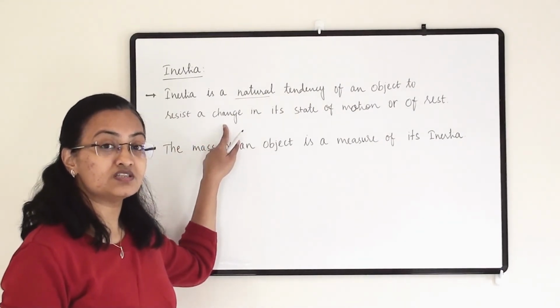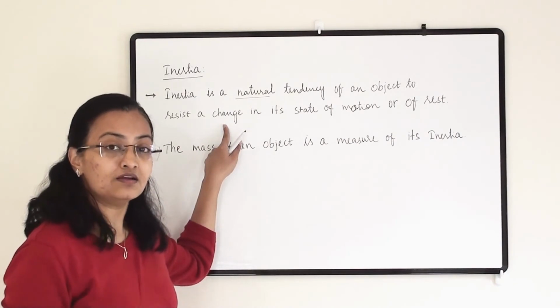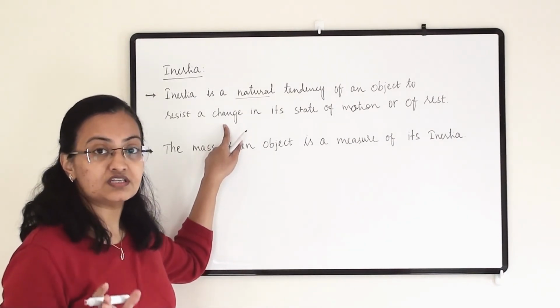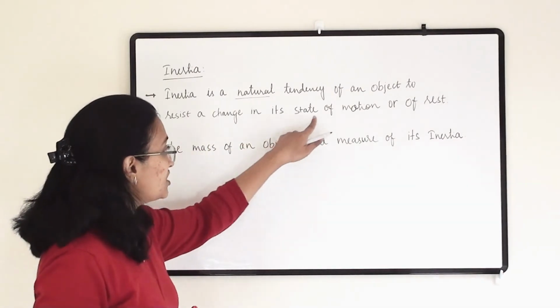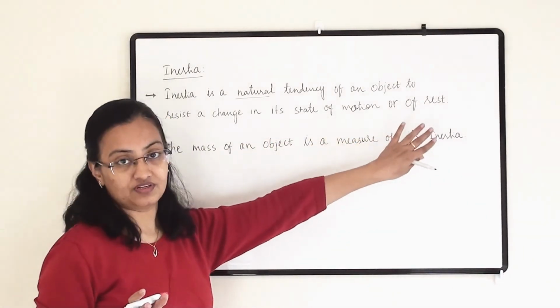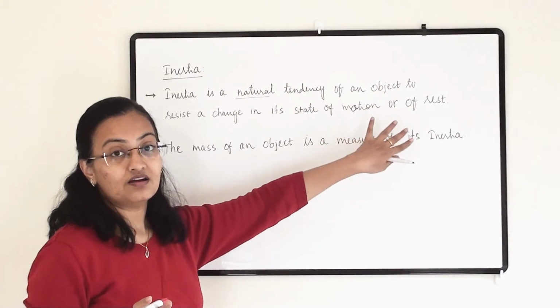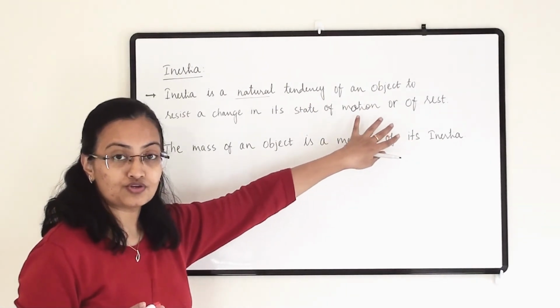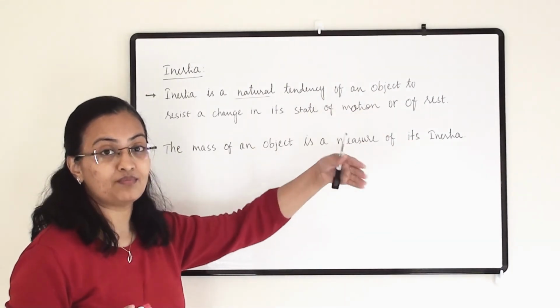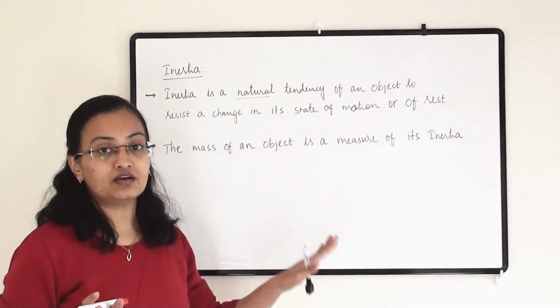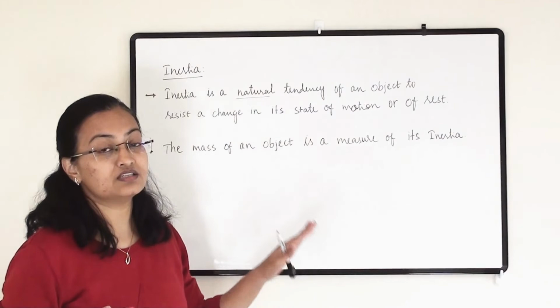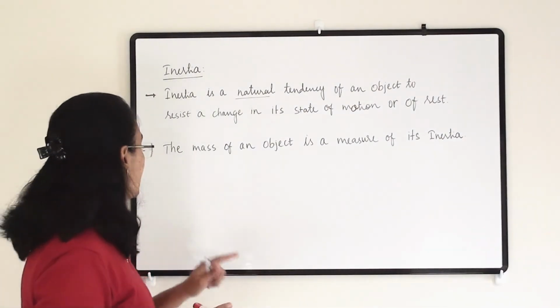Resist a change means that in any situation, they will resist all change in their state of motion or of rest. In either of these situations, they will resist a change, and that happens because of their inertia, which is naturally occurring. This inertia tendency is a natural tendency of any object.